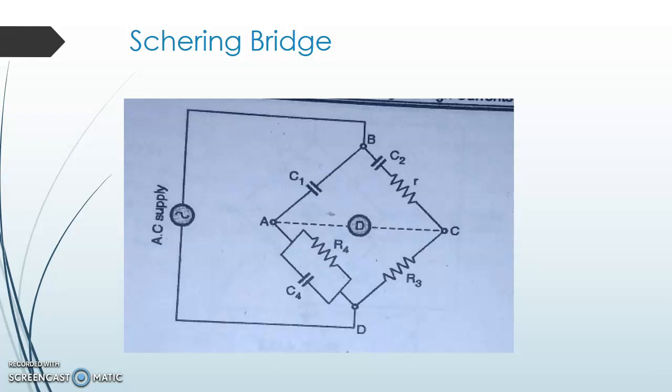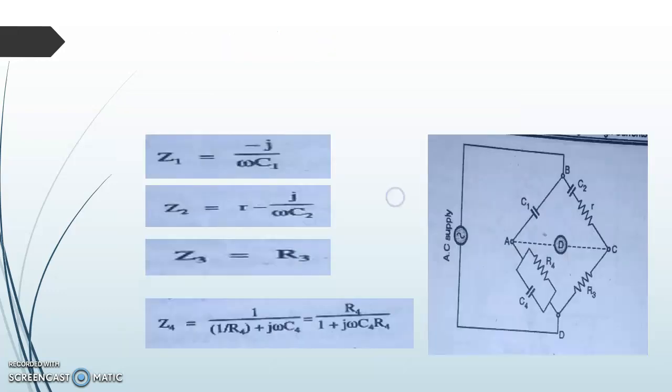From this diagram we can find out these impedances. So, Z1 is equal to minus J upon omega C1. From C2 in series with R, we can find Z2 is equal to R minus J upon omega C2.